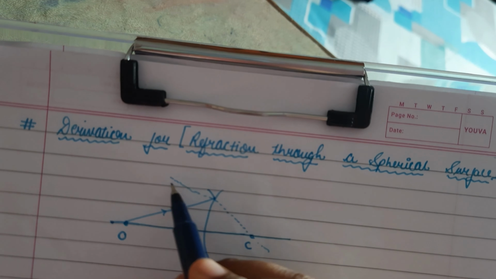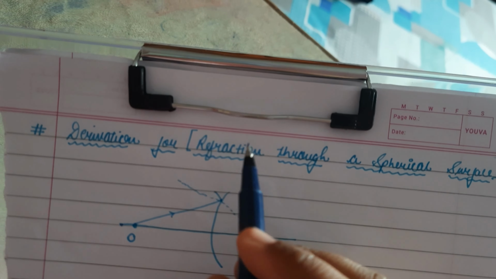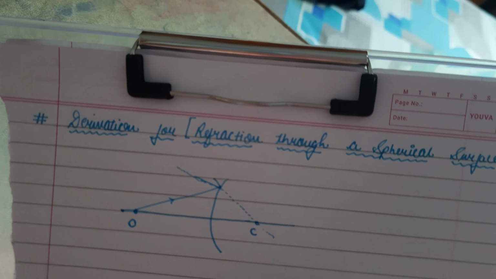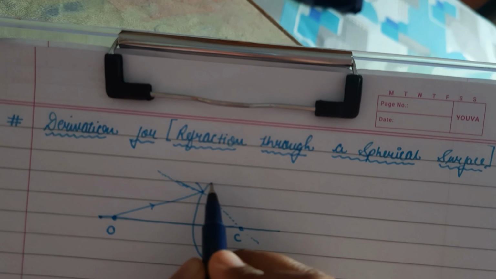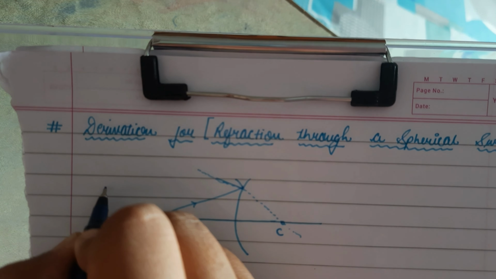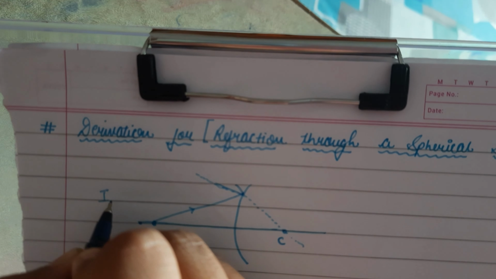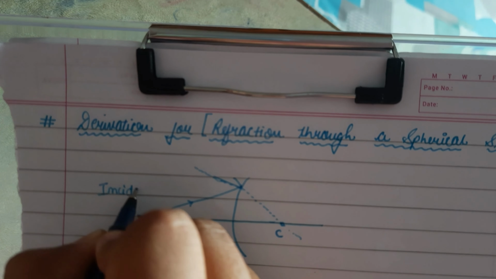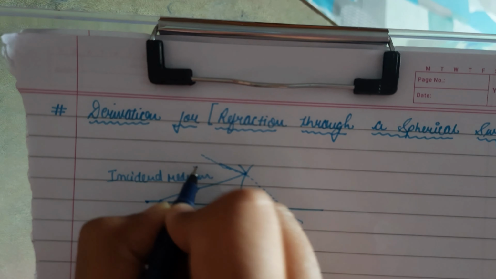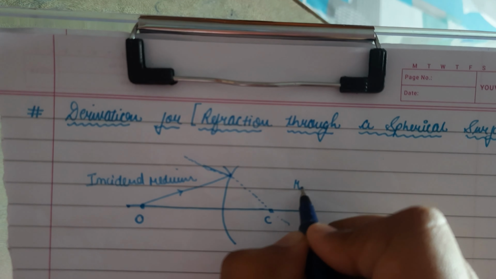Yes, ignore this disturbed line. Normal is always straight, but yes, like this. And now as there is a change in medium, this is medium 1, that is the incident medium, and this is the refracted medium.